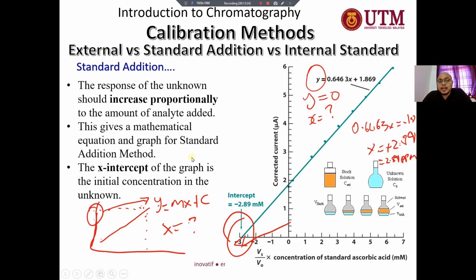But in the standard addition method, you look at the x-intercept, or y equals 0. Why y equals 0? Y equal to 0 means there is no reading, and we refer to the x-intercept. So that is the value of the concentration of our analyte in the unknown solution.